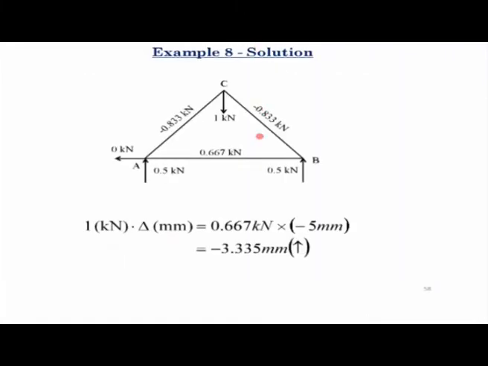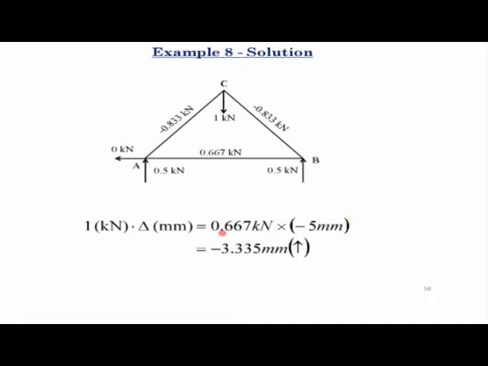Now in order to do that, once again we apply the unit virtual load and we calculate the member force in this member where that fabrication error has occurred. So that is 0.667. So the deflection of this joint C in the vertical direction is 0.667, that is the member force in that member due to the virtual load, times the fabrication error. In this case it is 5 mm too short. Now this 0.667 is tension, and this is short, which means the change in length is due to compressive action.